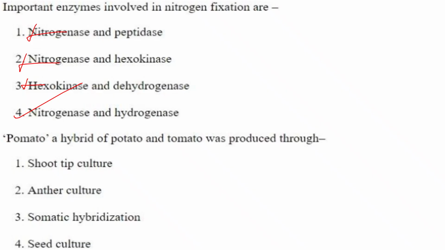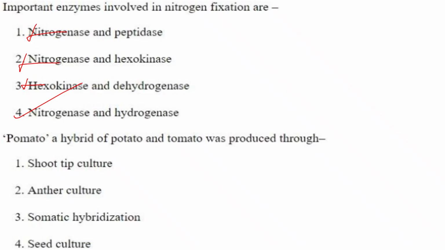And hydrogenase is also involved in nitrogen fixation, because during nitrogen fixation nitrogenase produces hydrogen gas as a byproduct. As a result of this hydrogen gas production, there is energy loss for the cell. So hydrogenase will help in recovering the energy lost, and it will recycle the hydrogen.